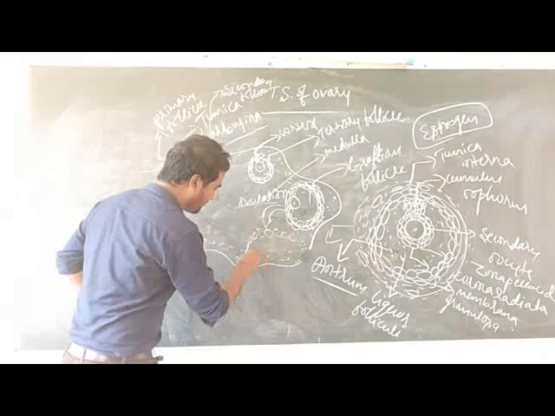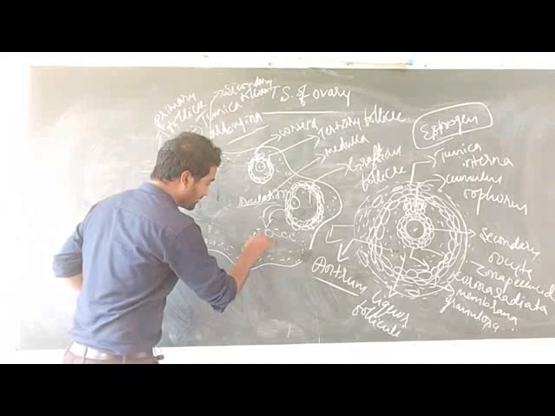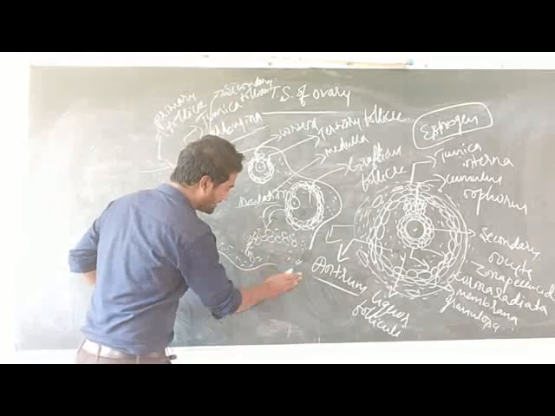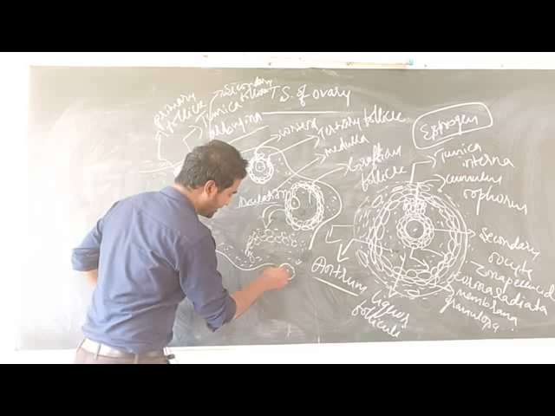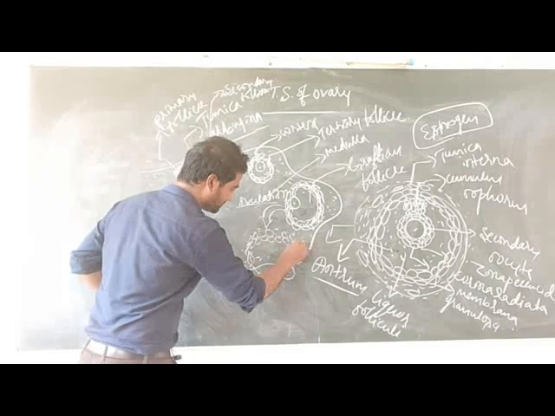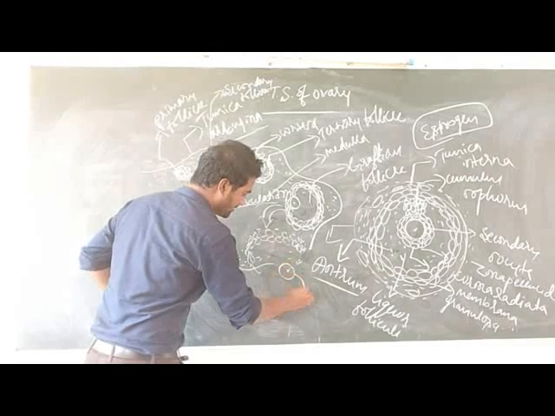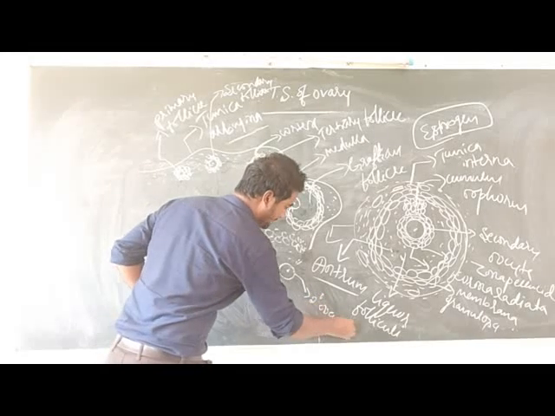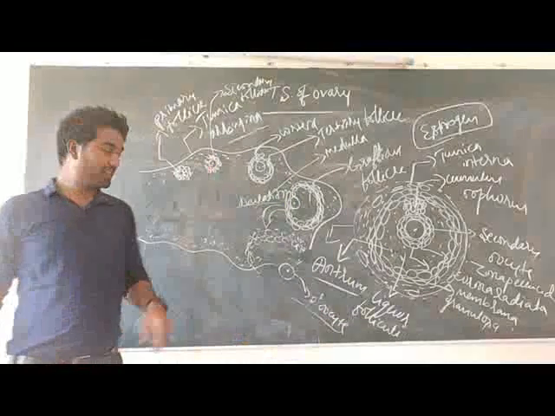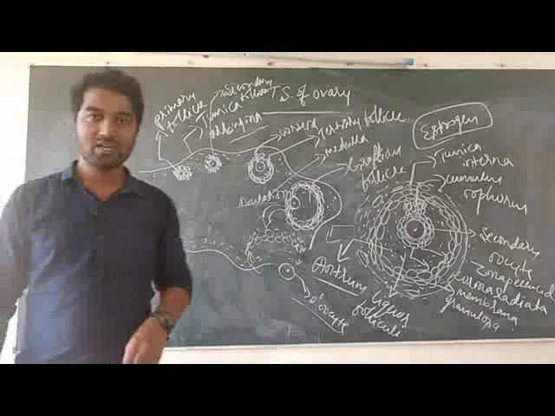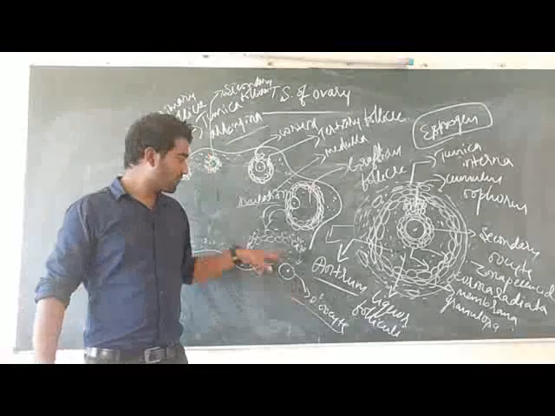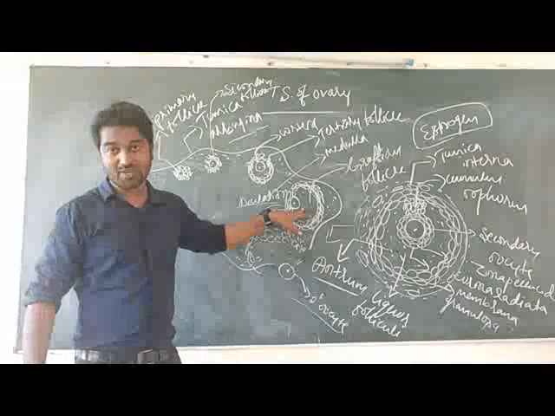This Graafian follicle is going to rupture and release the secondary oocyte. This is the secondary oocyte. This process is known as ovulation, release of secondary oocyte from the matured Graafian follicle.